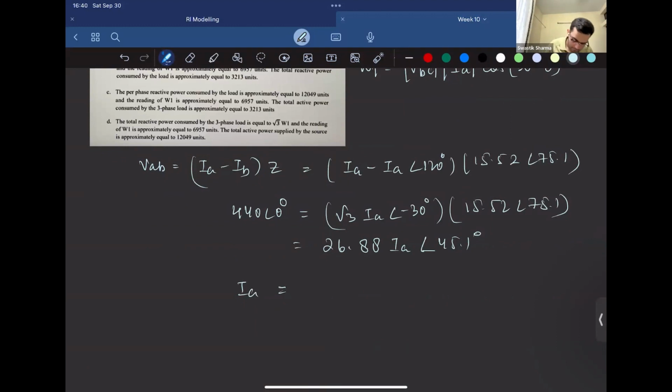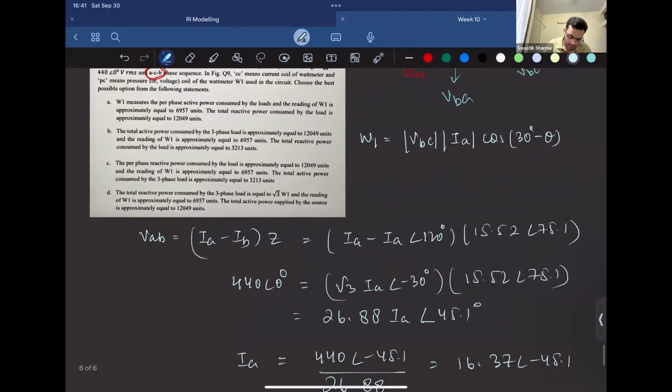What is IA? 440 angle minus 45.1 divided by 26.88. So IA is nothing but 16.37 angle minus 45.1.